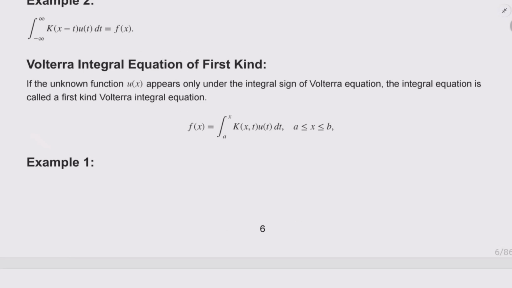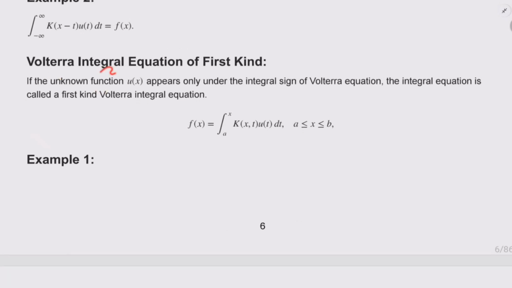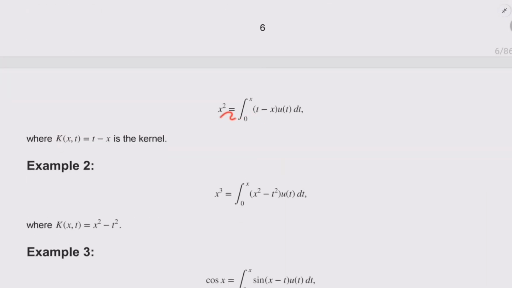Now if we talk about the Volterra integral equation of the first kind, it means that the limit is variable. The only variable limit here is the upper limit. u of t appears only once, which is unknown. So it is a Volterra integral equation of the first kind. Here you can see that this is known, which is f of x. This is the kernel, and then we have u of t.